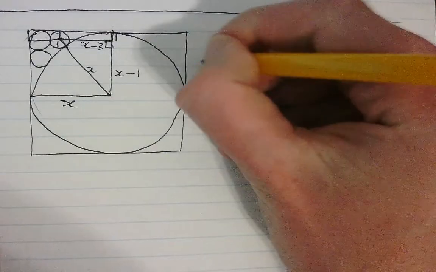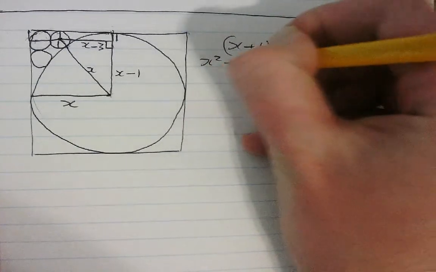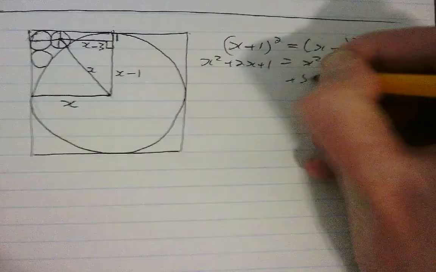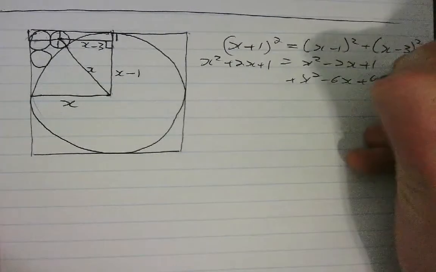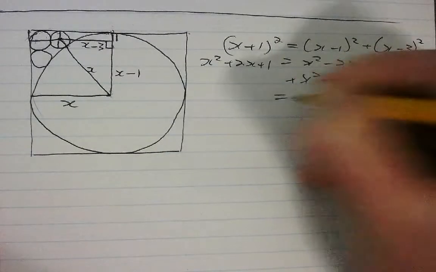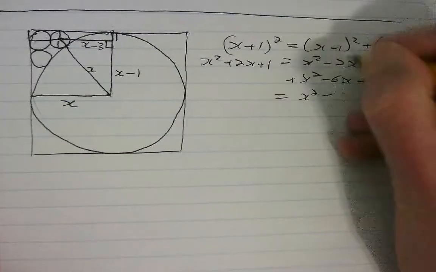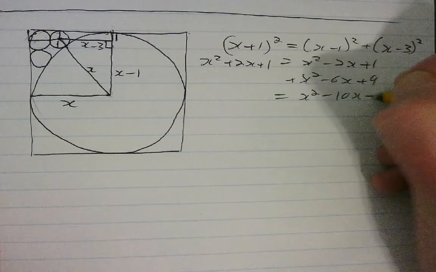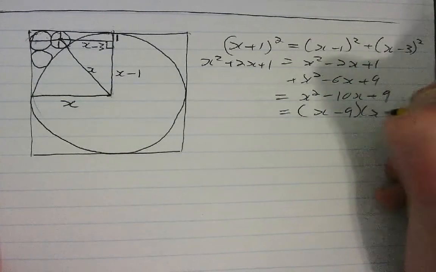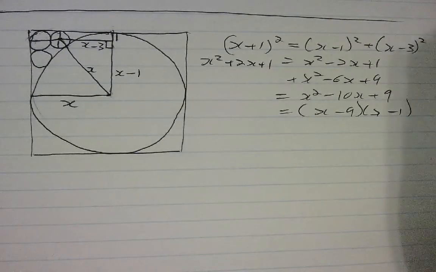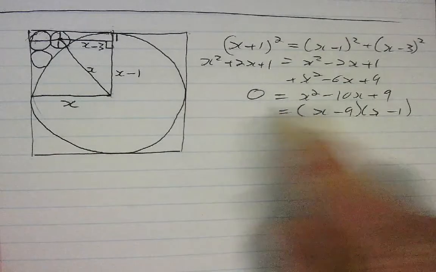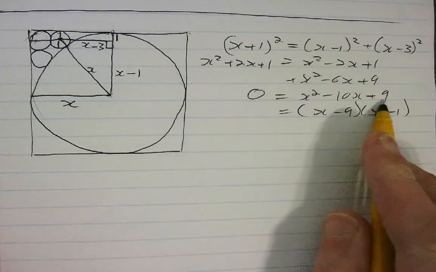Let's just do that. We've got that this is going to be x squared plus 2x plus 1 is equal to x squared minus 2x plus 1 plus x squared minus 6x plus 9. Here this is going to just be x squared minus 10x plus 9, which is just going to be x minus 9 times x minus 1, which would just be 0 once I take that to the other side.